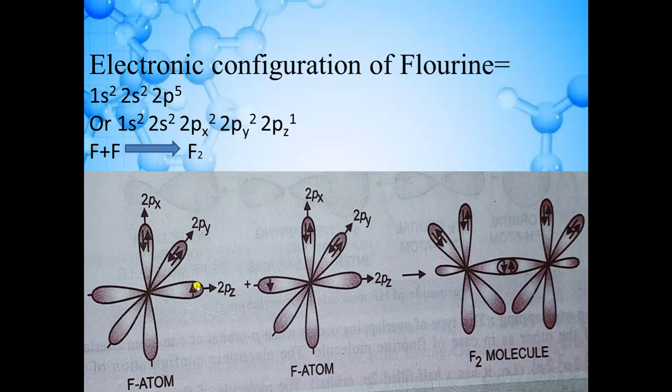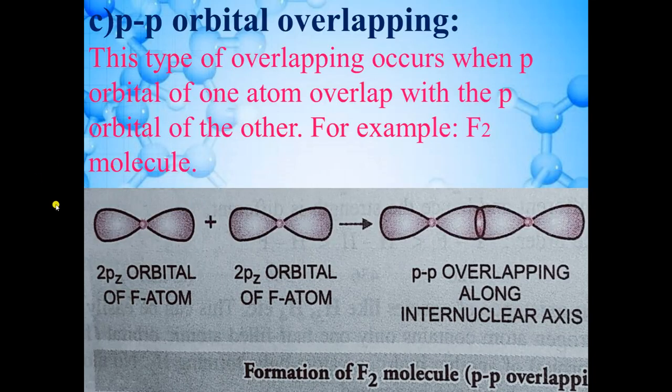So this will overlap with another 2pz orbital. There will be overlapping between the 2pz and 2pz of the fluorine atoms, and they will overlap like this. This is the overlapping region, along the internuclear axis, and that is how the F2 molecule forms. So these are the three types of sigma bond.